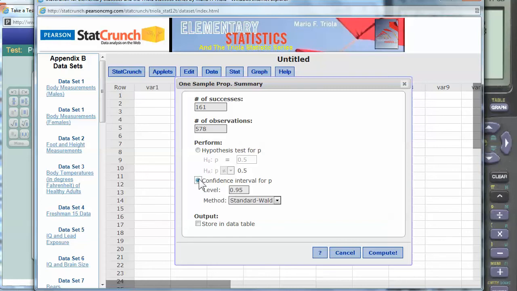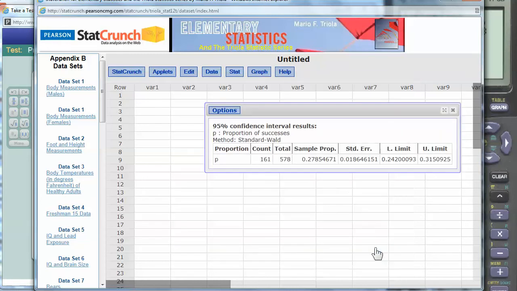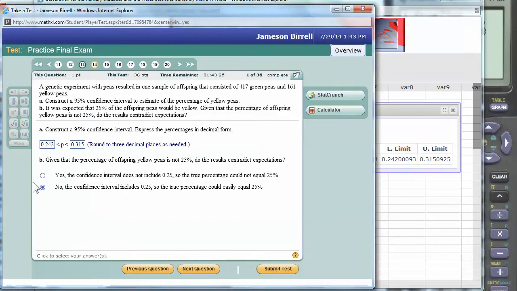We want a confidence level of 95%, keep the same method, compute. Let's see if we get the same numbers. 0.242, 0.315. Those are the lower and upper limits of the 95% confidence interval. Pretty fast. All these problems you can do with StatCrunch.